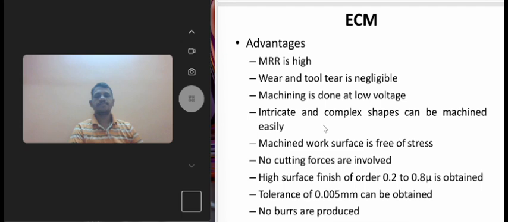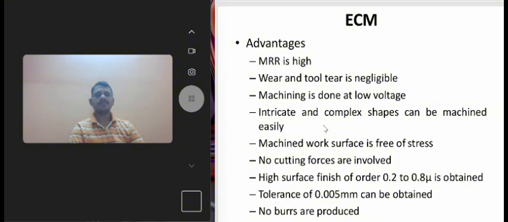Advantages: the metal removal rate by this process is quite high for high strength temperature resistant (HSTR) material compared to conventional machining processes. Wear and tear of tool is negligible. Machining is done at low voltage.